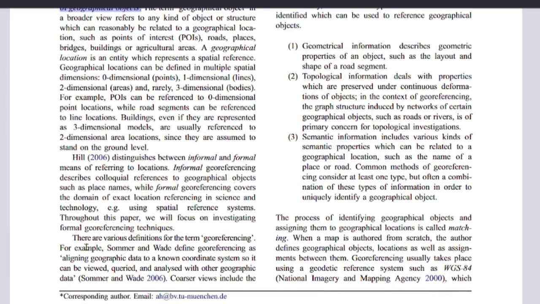It is also mentioned that there are various definitions for the term georeferencing. For example, Sommer and Wade define georeferencing as aligning geographic data to a known coordinate system, so it can be viewed, queried, and analyzed with other geographic data.